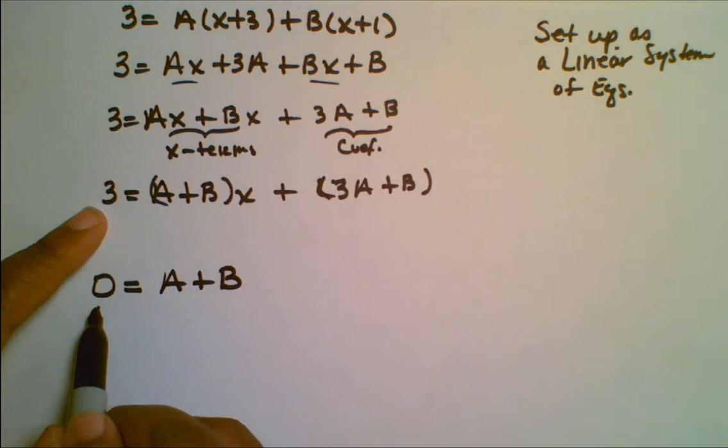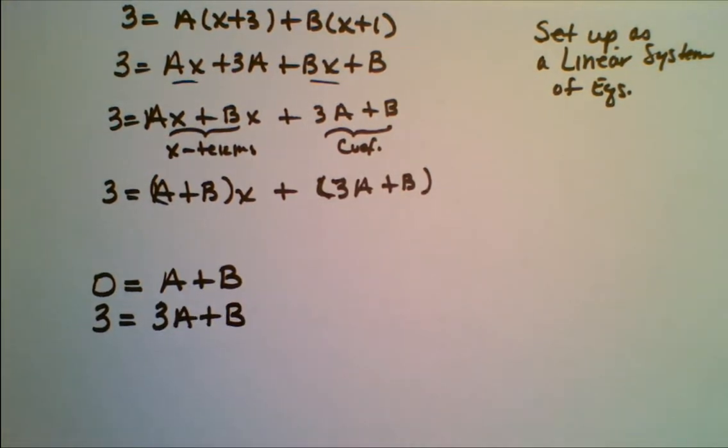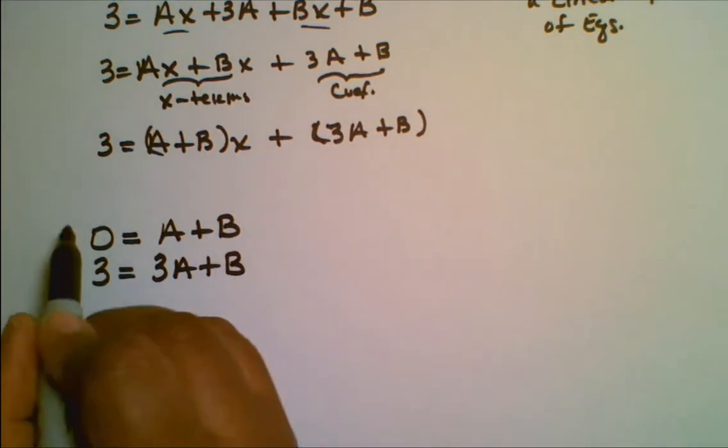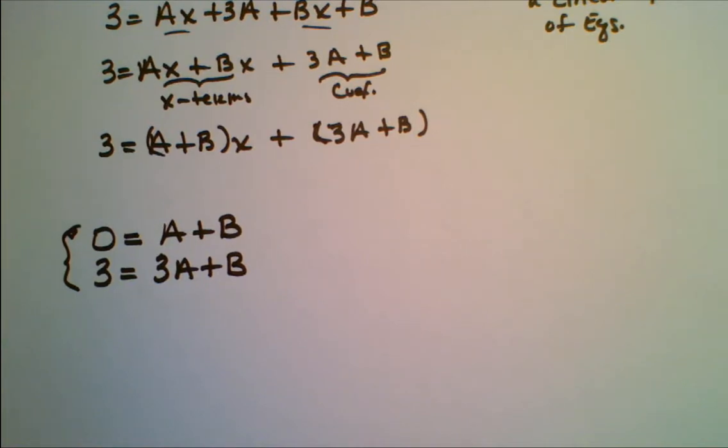So we have here 3 is equal to 3A plus B. Here you go. Here's our system of linear equations. And now you can solve it by substitution, elimination, it doesn't matter.